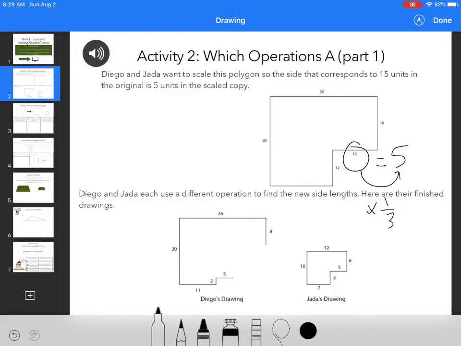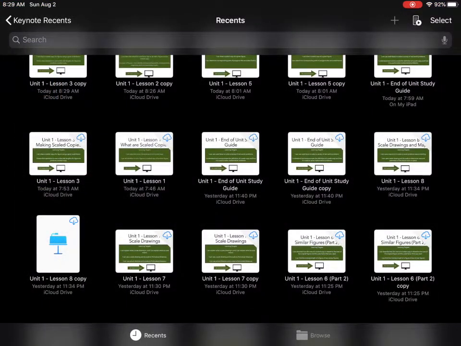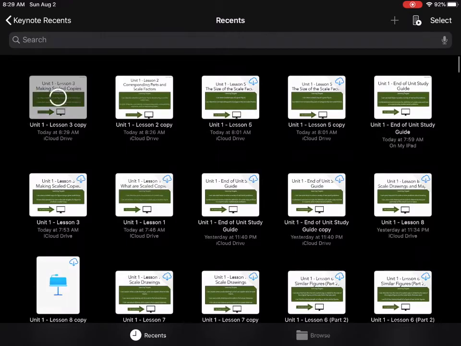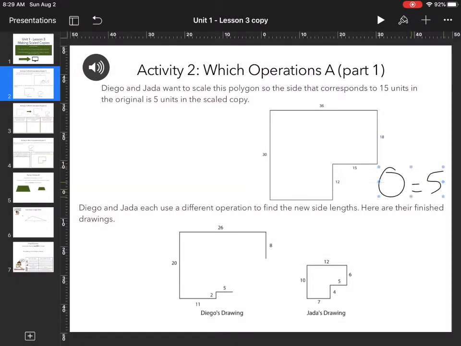So 15 times 1/3 will give me 5, or you could do 15 divided by 3 equals 5. So remember, when you're doing scaled copies, you're always thinking about multiplication.